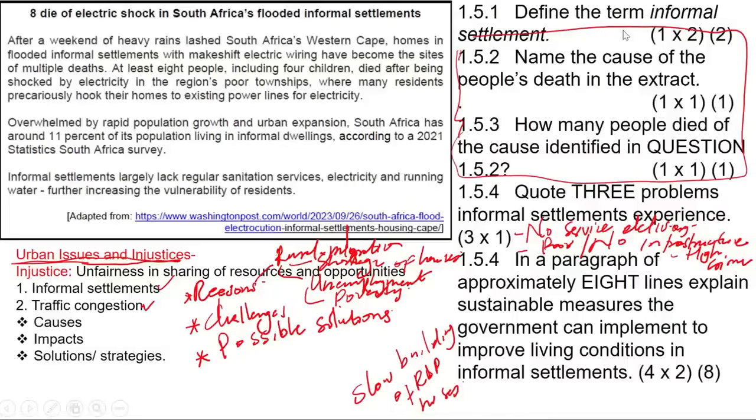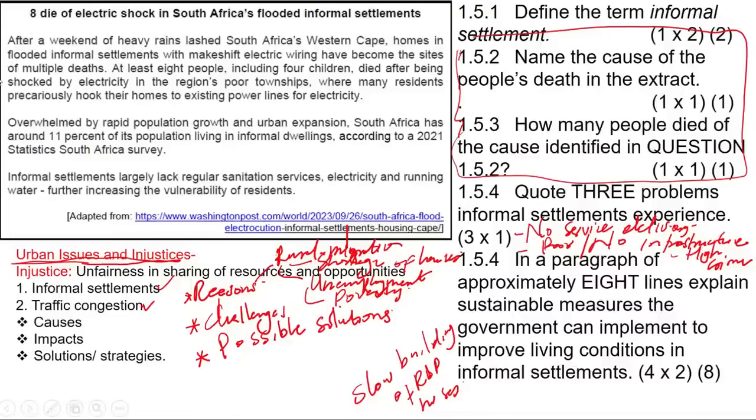The living conditions are unhealthy because they do not receive refuse removal services, so the refuse is always around them. There's always a dirty area around them because the municipality doesn't remove the dustbins. So the area becomes unhealthy. That is one of the challenges they face.